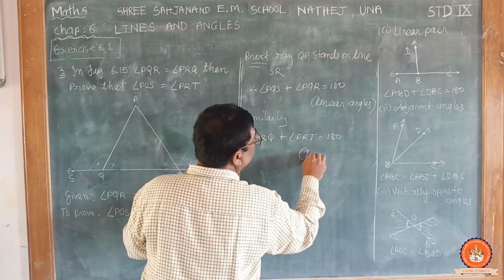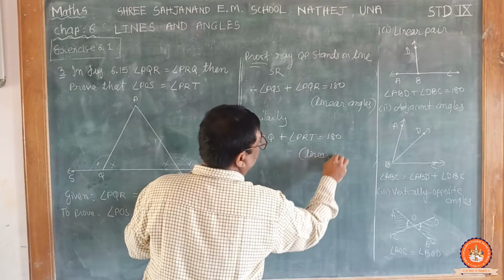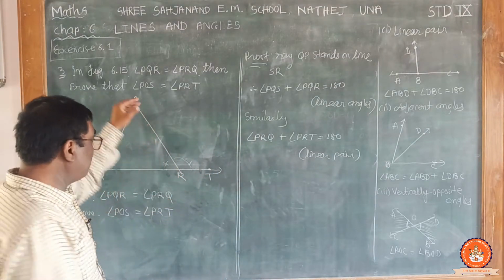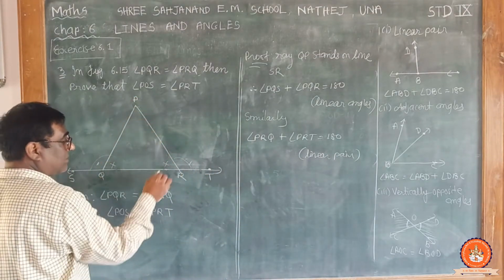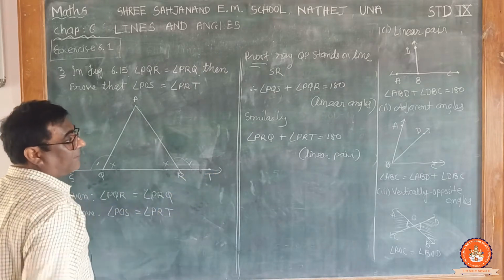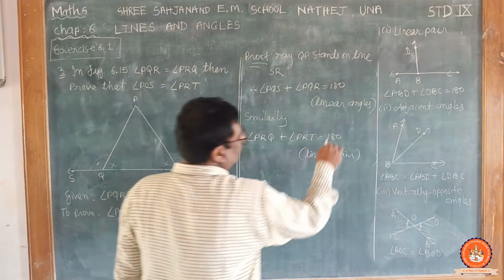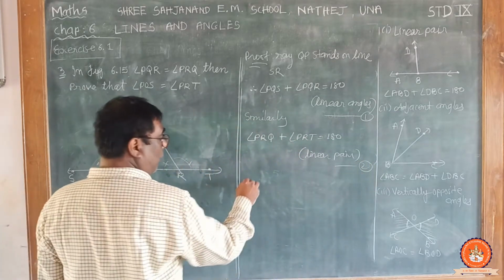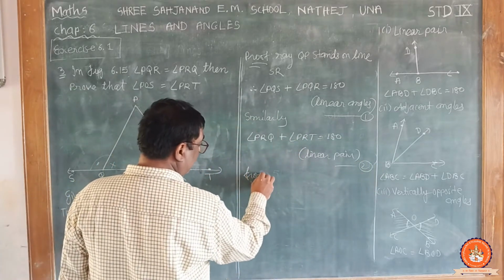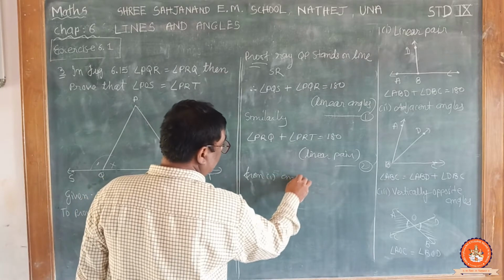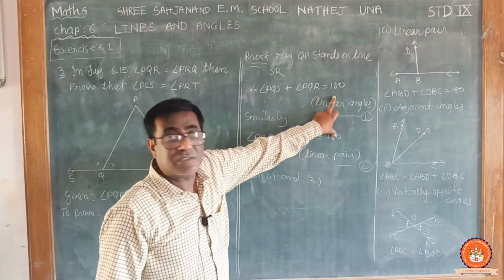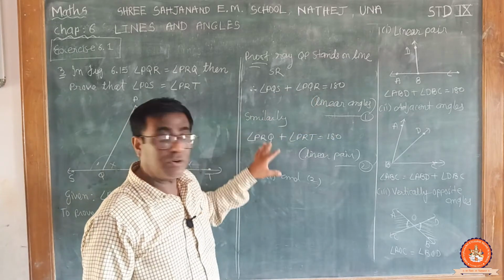They form a linear pair because ray RP stands on line QT. Okay, now this is number 1, this is number 2. Now from 1 and 2, both are equal to 180, so their left hand sides will also be equal.